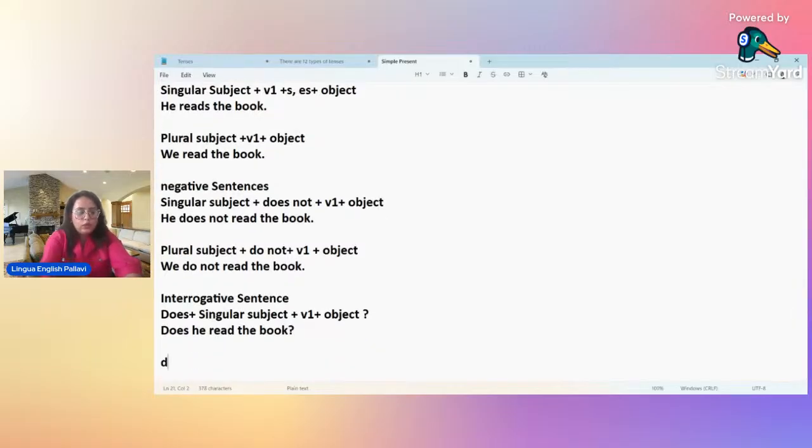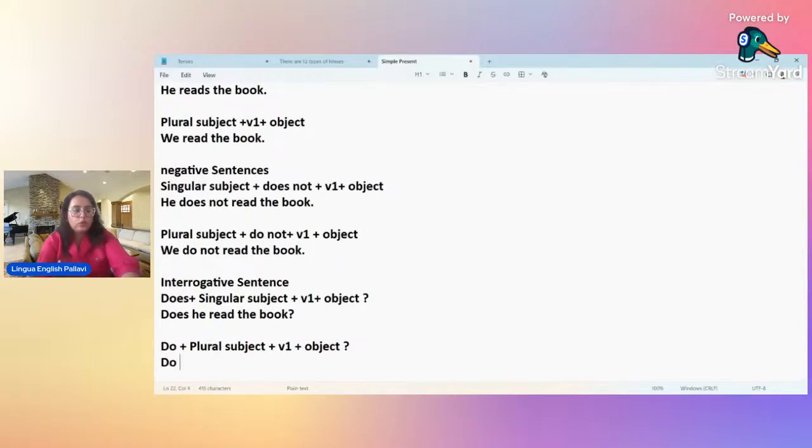The other rule is do plus plural subject plus v1 plus object. According to the rule, do plural subject, plural is something that is more than one. Do we read the book?